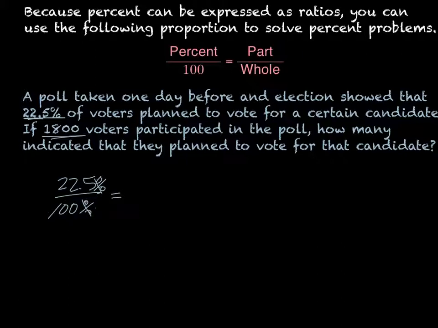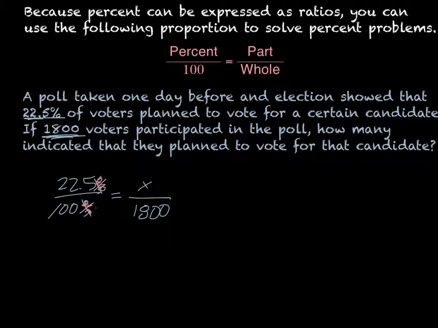So what we have here is, we can then eliminate the percentages. Now over the part would be the thing we don't know, because we know that 1,800 in total voted. So there's 1,800 voters, and the part is, we don't know, x.